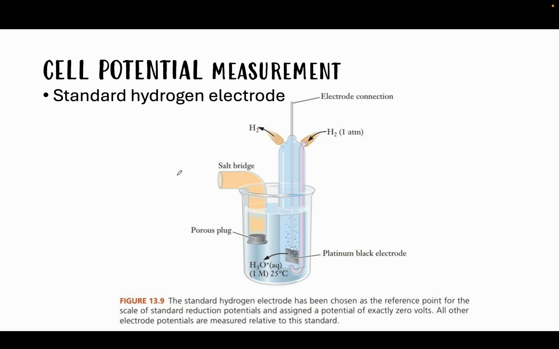So if you look at data for standard reduction potential, hydrogen has exactly 0 volts for hydrogen reduction, and all other electrode potentials are measured relative to this standard of 0 volts involving hydrogen reduction.